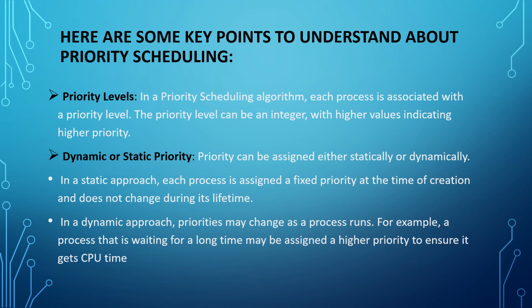In the dynamic approach, we can change the priority of a process at runtime, so that if the present process is less prioritized than the waiting process in the waiting queue, then we can change the priority of the waiting process to the highest, and the lowest priority process will be added to the waiting queue and the highest priority process will be performed first.